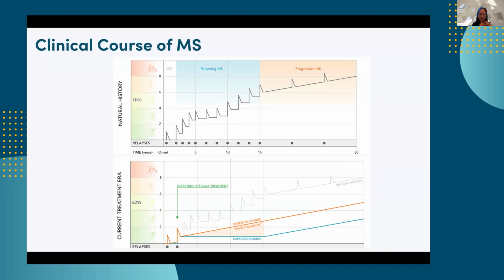Our discussion is changing to what are the biological processes causing relapses and what are the biological processes causing that progression, and that both of these things are occurring from day one. They both occur very early in the disease course and continue to build up over time, but it's not a transition from one course to the next. Both courses start from the very beginning, and we're able to stop one, and the other one we're starting to learn about. Next.